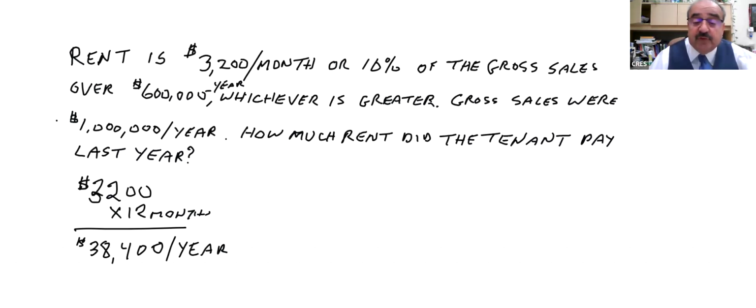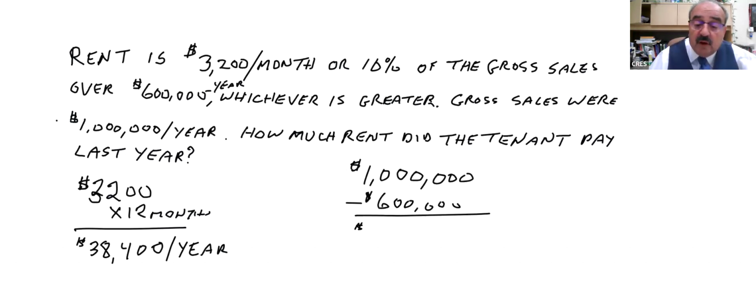They don't pay on the first 600,000. The first 600,000 is exempt. So we minus the 600,000, which gives us 400,000. 400,000 times 10% equals $40,000. So the question is, how much rent did they pay last year? And the answer is 40,000.